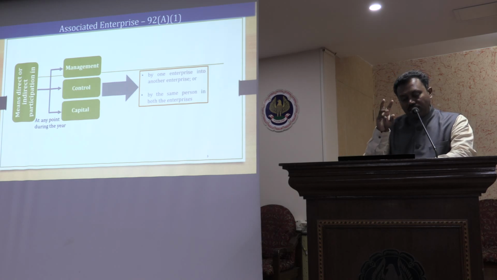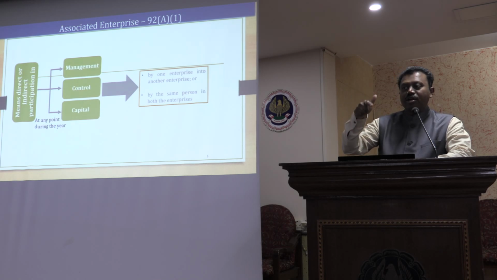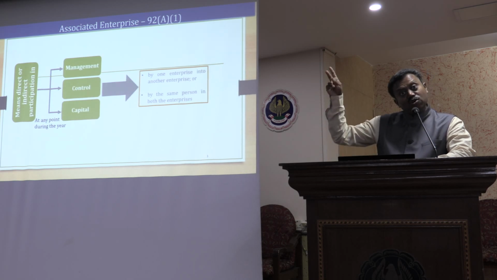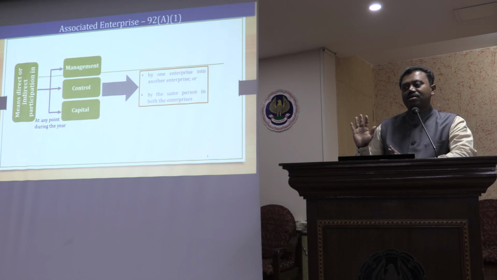And what is this participation in management, control or capital? The law says that by one enterprise into another enterprise, there is management, control or capital, or by the same person in both the enterprises, there is a participation. By any of these conditions, two parties can become related parties.